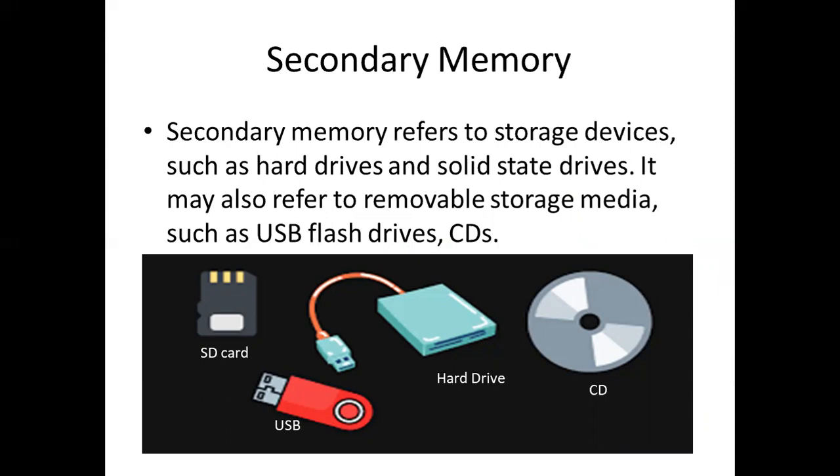They store data for a very long time, and they don't require electricity to store this information. A CPU can be active or inactive, and this information will still be retrievable. You'll be able to get your information, and these are the types of devices referred to as secondary memory.